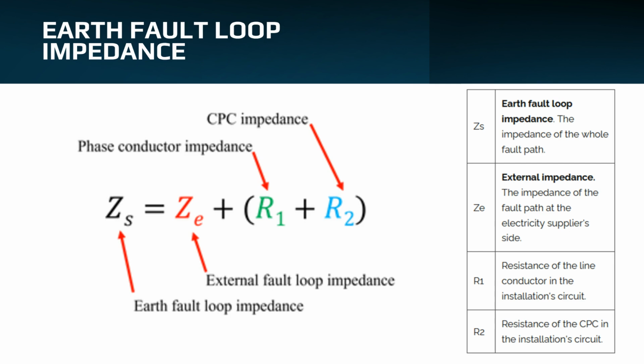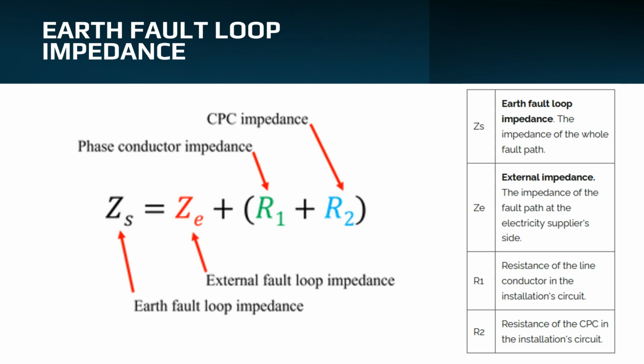Now we will look at factors affecting Zs. Cable length: longer cables increase R1 and R2, raising Zs. Cable size: smaller cross-sectional areas increase resistance, raising Zs. Connections: loose or corroded connections increase impedance. Earthing system: the type of earthing system, for example, TN-S, TN-C-S, TT, affects Ze and the overall loop impedance.